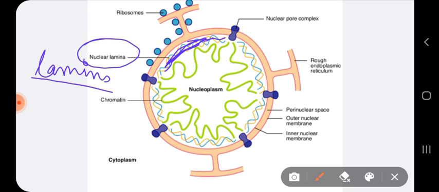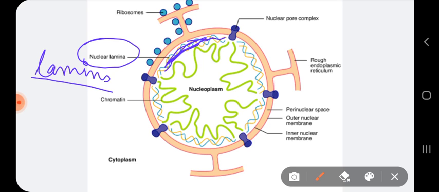This nuclear lamina is supporting your nuclear envelope and ensuring that the overall shape and structure of the nucleus is maintained. So again I repeat, the nuclear lamina is made up of lamin intermediate filaments which support the nuclear envelope structure to ensure the overall shape and structure of the nucleus can be maintained.